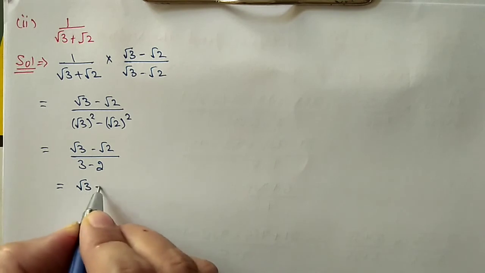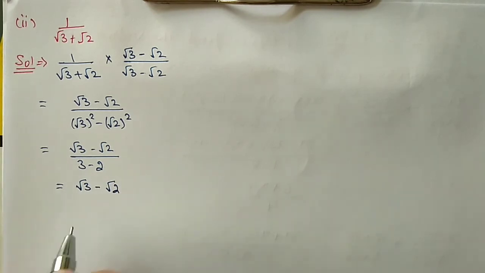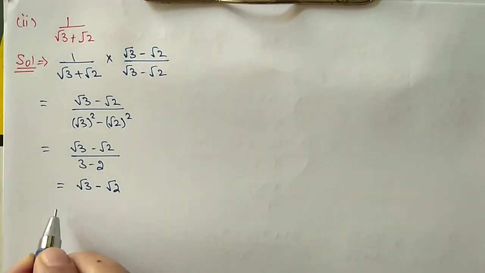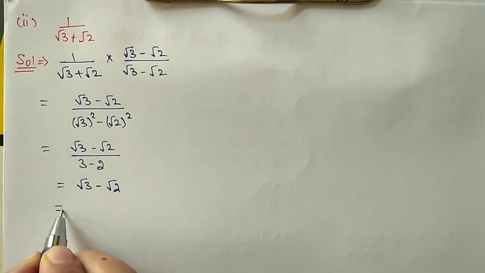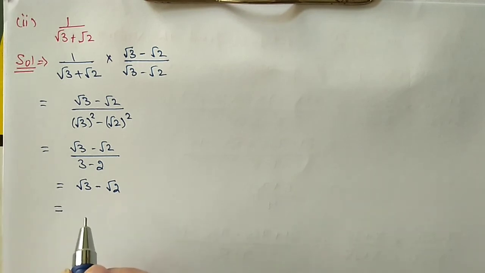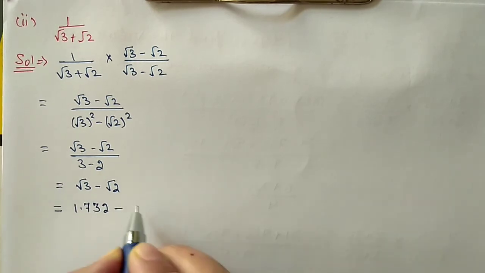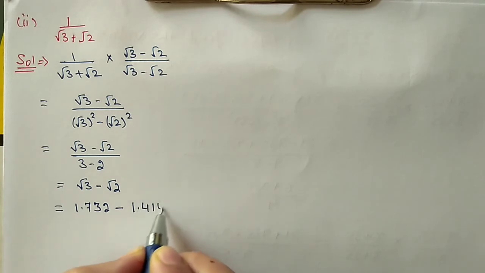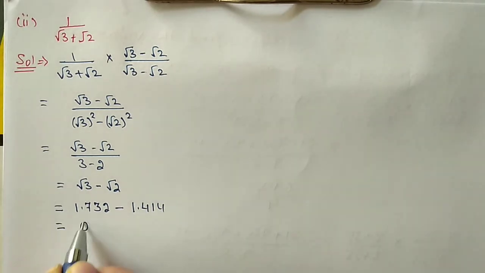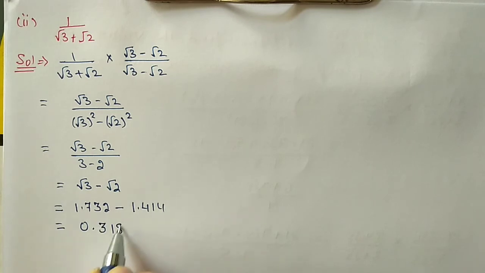So finally we are getting root 3 minus root 2. Now we can substitute the values of root 3 and root 2. Root 3 value was 1.732 and root 2 value was 1.414. After subtraction we will get 0.318.